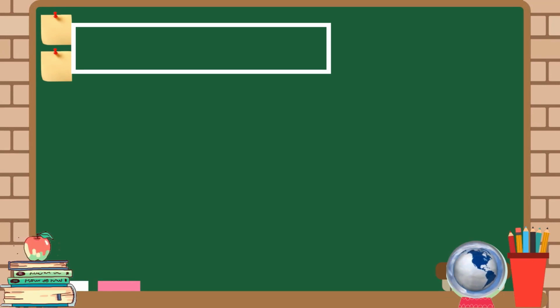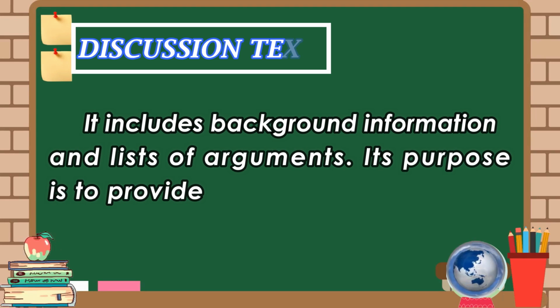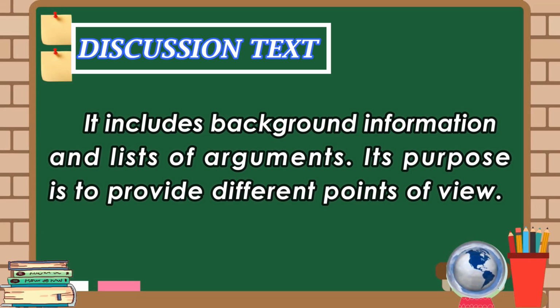What information can you find in a discussion text? Discussion text includes background information and a list of arguments. Its purpose is to provide different points of view. The purpose of a discussion text is to explore more than one point of view on a given subject in order to reach an informed opinion or to make a decision on an issue.